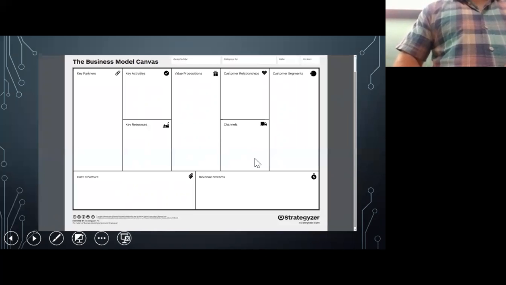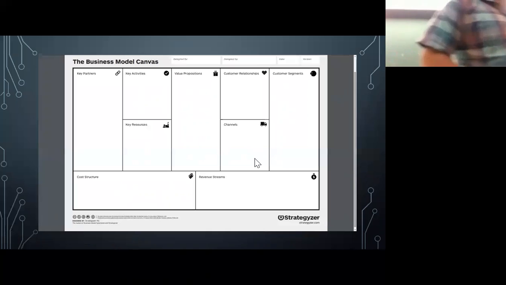Everybody know what they're filling out a business model canvas section on? Did you get that? No, that'd be bad.